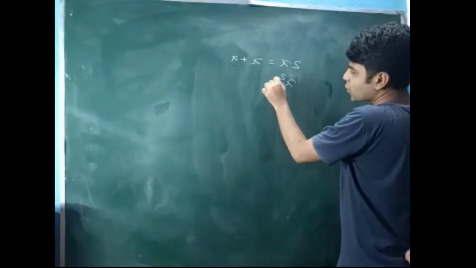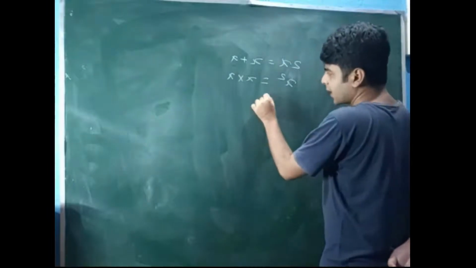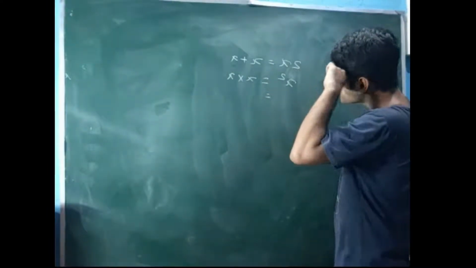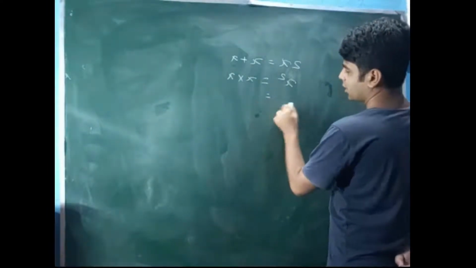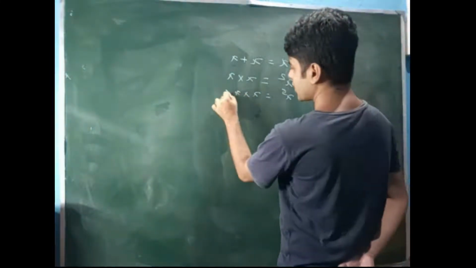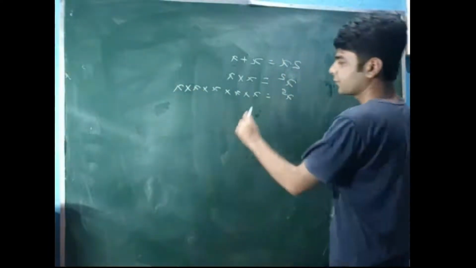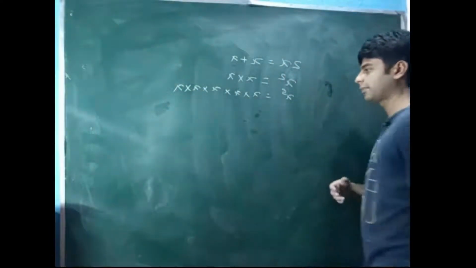What about x square? X square is basically x multiplied with x. Or if I have x to the power 5, it's x into x into x into x into x, so 5 x's have been multiplied with each other.